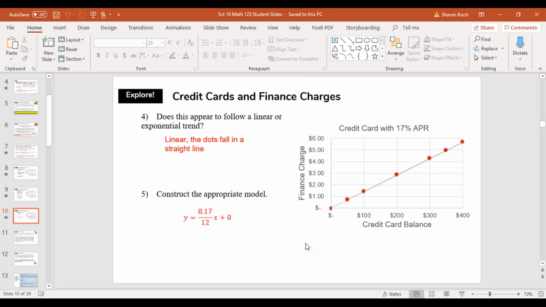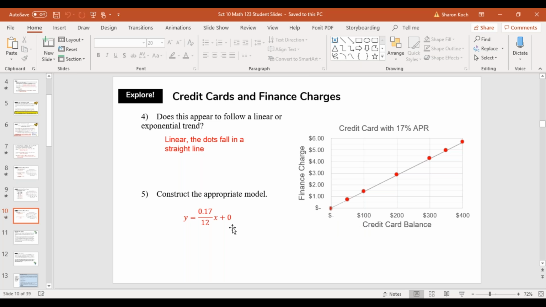So if I technically wanted to create a mathematical model for this, our starting value was 0. Okay, 0 would be no finance charge. That's kind of my value of B. Remember that y equals mx plus b. So what would be my slope?